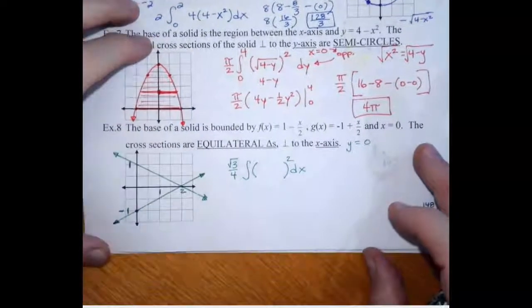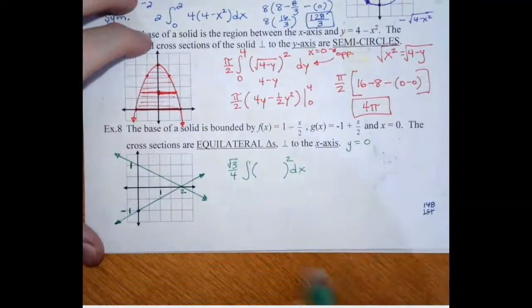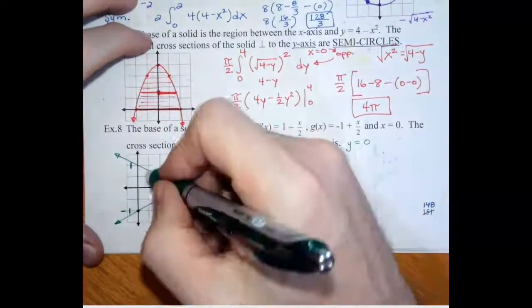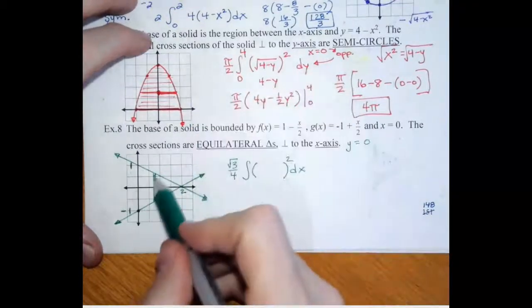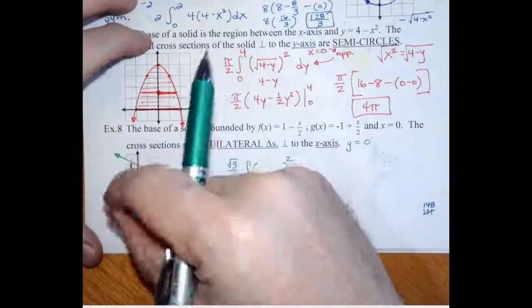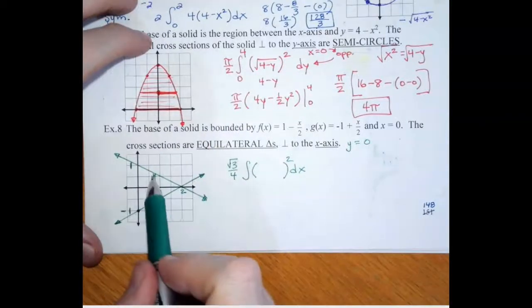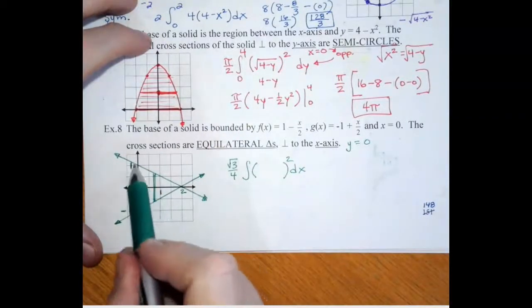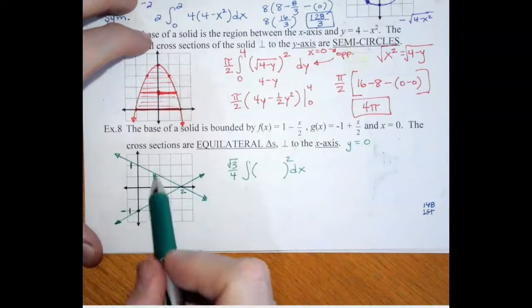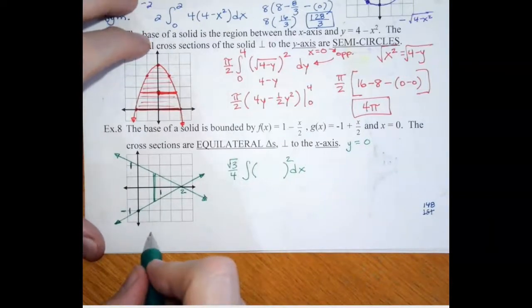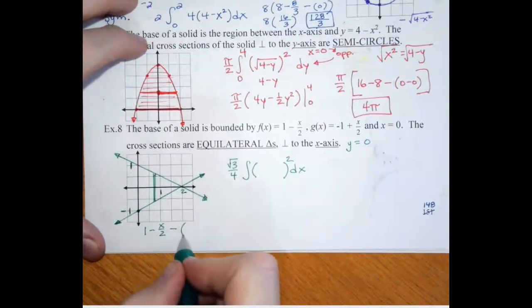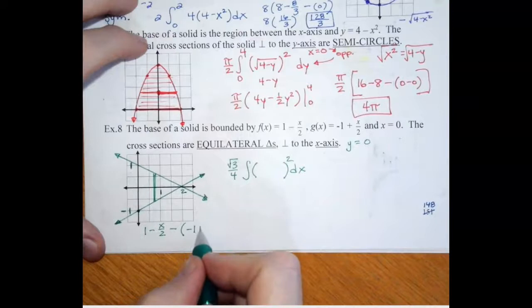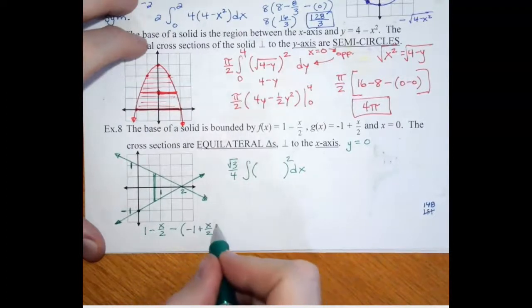Alright, so our equilateral triangles are coming across here. This is the ground, and we have equilateral triangles coming up all the way across there. So to find that length, remember it's top minus the bottom. That's going to give us that distance there. So the top was 1 minus x over 2 minus the bottom, which was negative 1 plus x over 2.